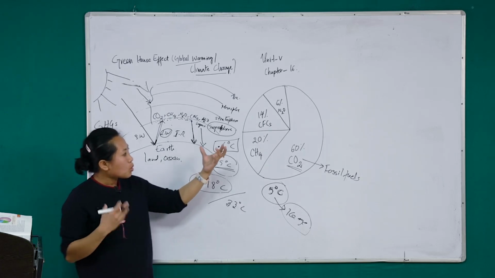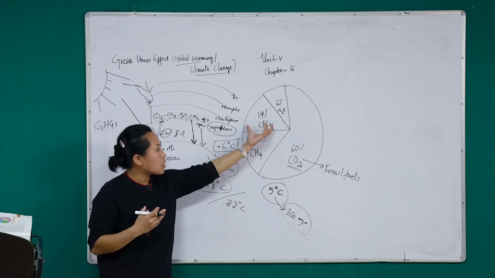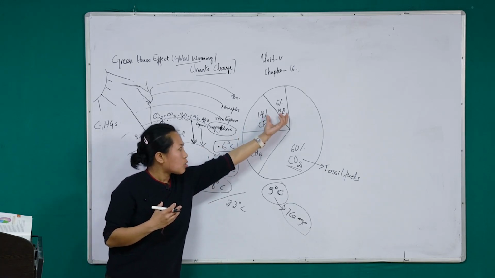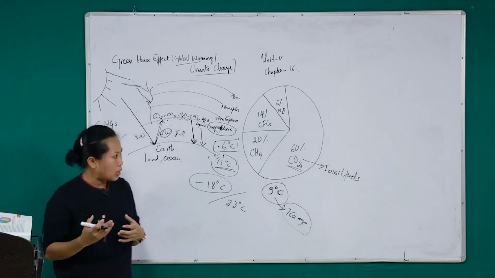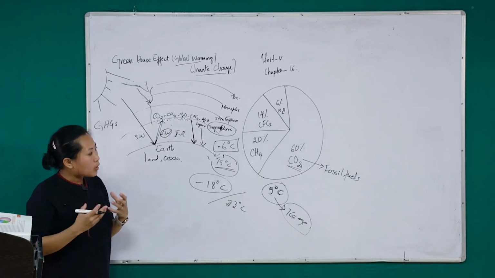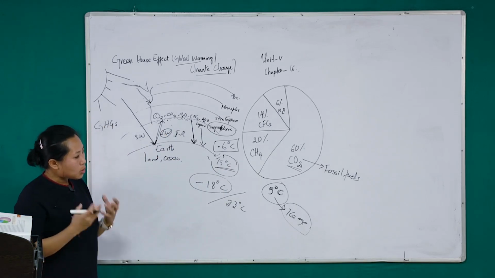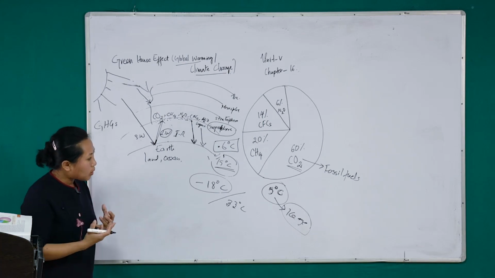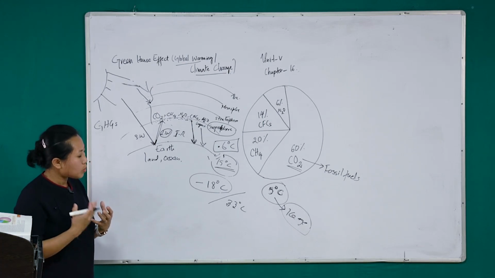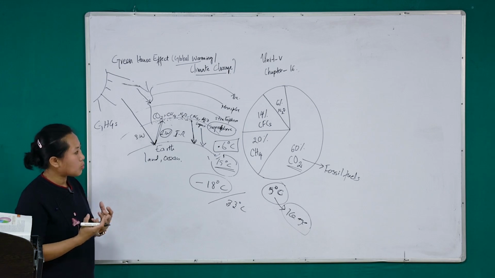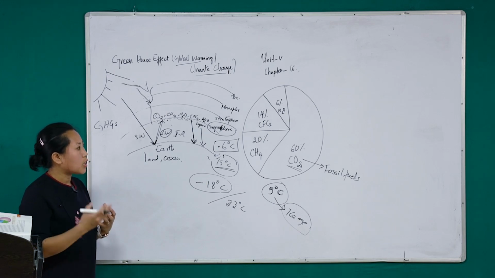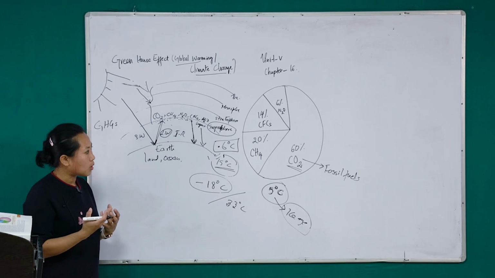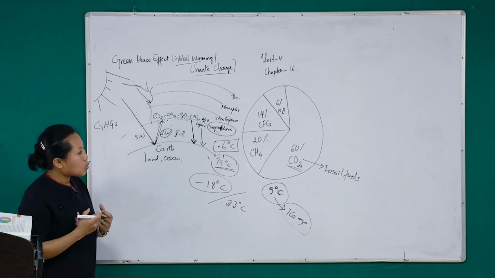The use of those products releases CFCs, and nitrous oxides are products of industries. So as our activities increase, as we use fossil fuels, or there is incomplete decomposition of biomass, methane is released; the use of refrigerators, ACs, and aerosol sprays releases CFCs, and industrial products release oxides of nitrogen.